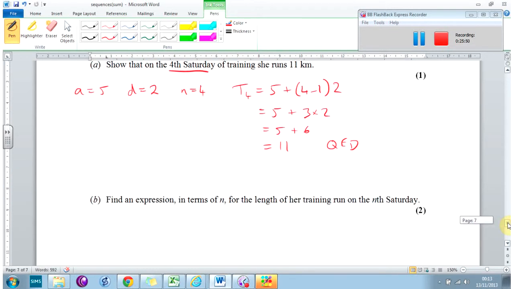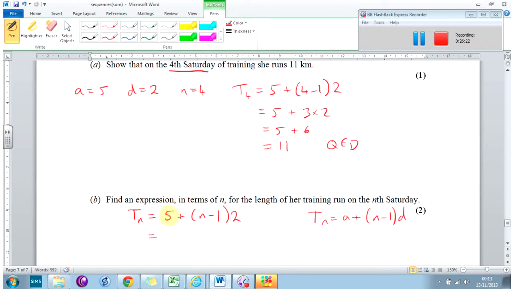Okay. Now on the nth Saturday, find an expression in terms of N for the length of a training run on the nth Saturday. So we want to know what this is, and it's A, which is 5, plus N minus 1, D. It's not enough to write A plus N minus 1 D, because that's not specific to Sue, that's any arithmetic sequence in the world.